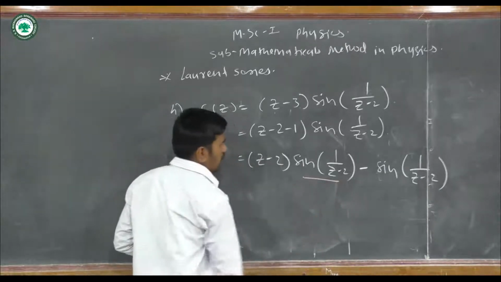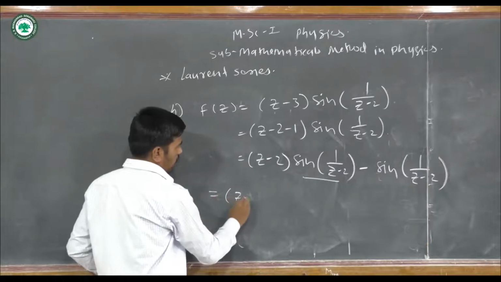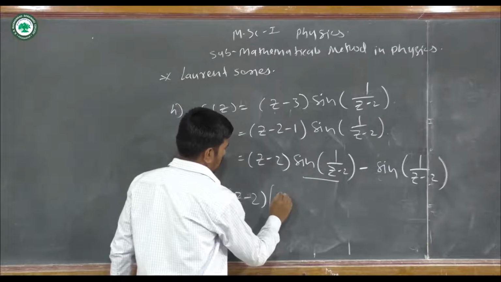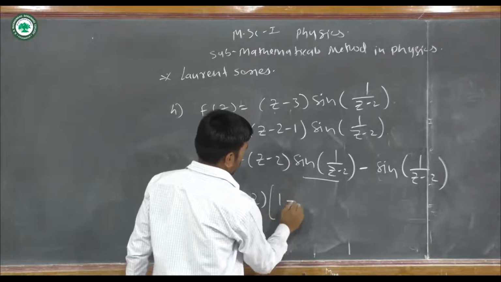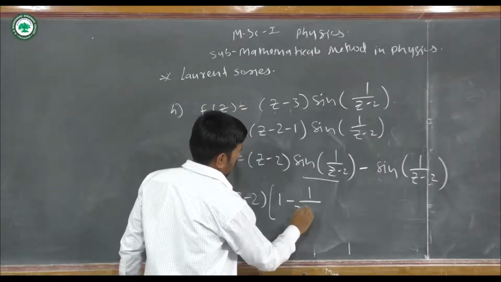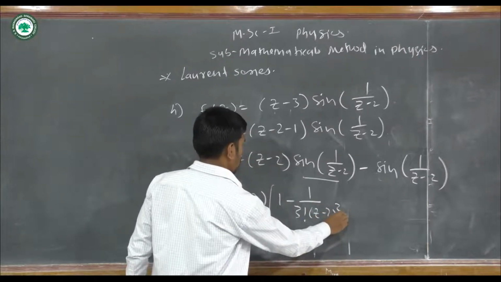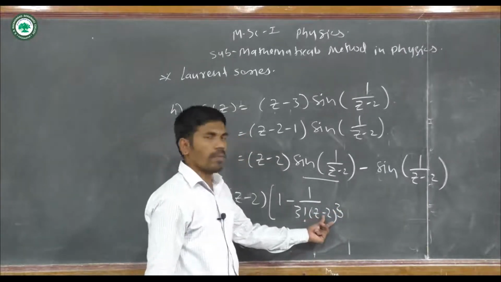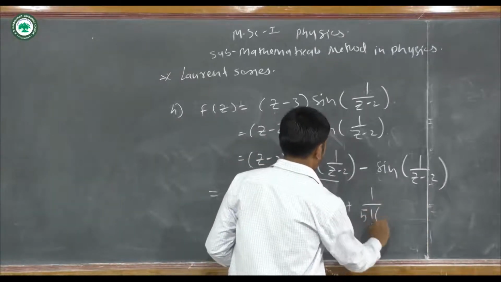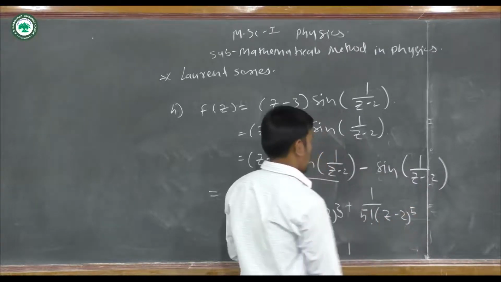Now we know the series of sin z. Writing it, it is 1/(z − 2) − 1/(3!(z − 2)³) + 1/(5!(z − 2)⁵) and so on.